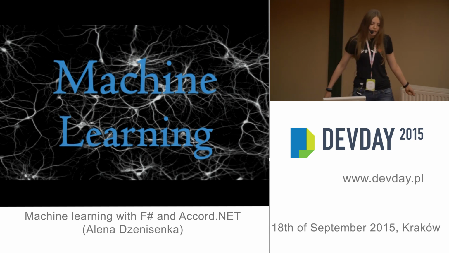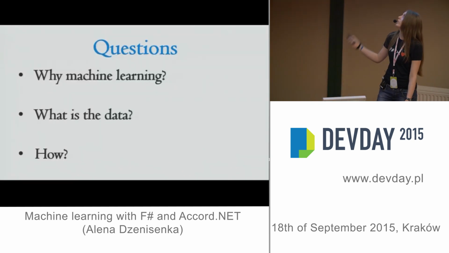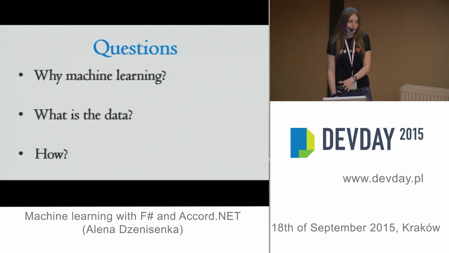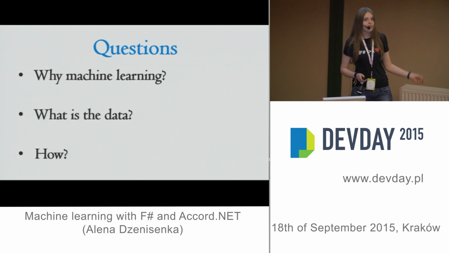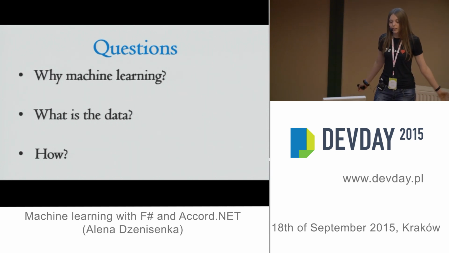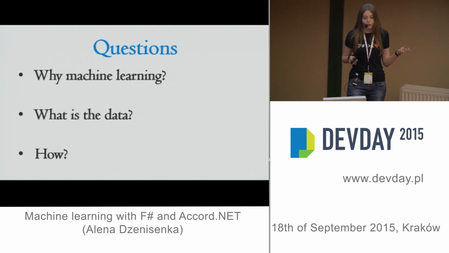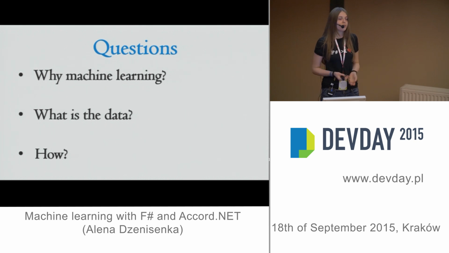So when you decide to dive into machine learning, you'd have to go through a checklist of 3 important questions. Why, what, and how. So the reason why you actually need machine learning is very important. You should be able to answer this question for yourself. There are a lot of areas where you can apply it.